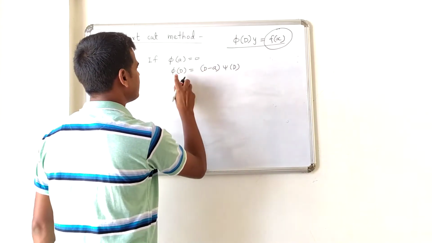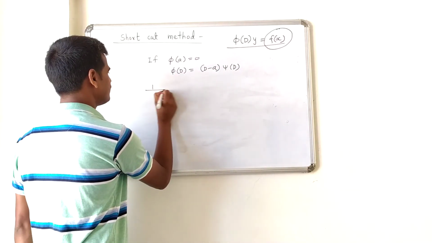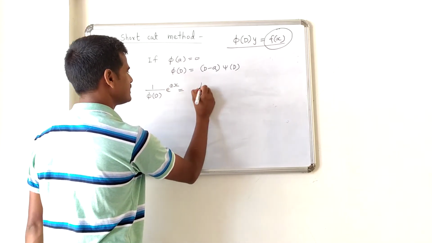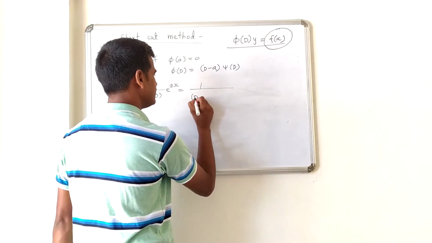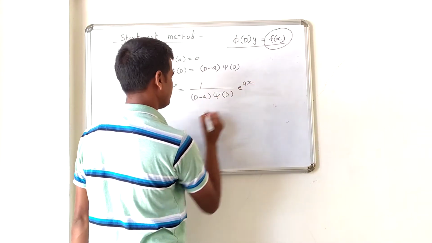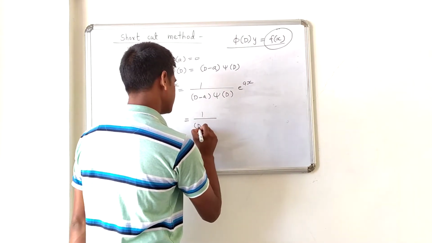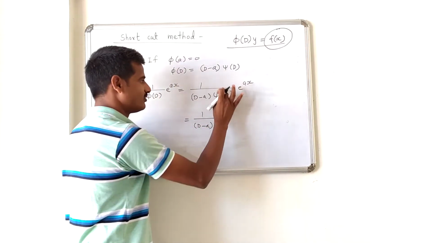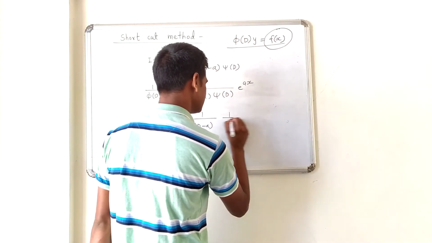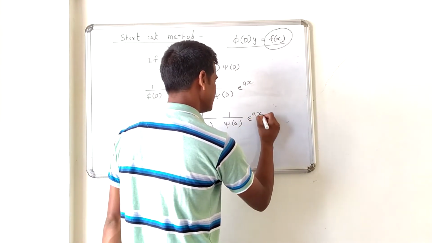So I will write phi of D as D minus a into psi of D. Therefore 1 upon phi of D operated on e to the power ax is equal to 1 upon D minus a into psi of D operated on e to the power ax. Now keeping 1 upon D minus a as it is, you operate 1 upon psi of D first. The procedure is as usual: you replace D by a, so 1 upon psi of a e to the power ax.